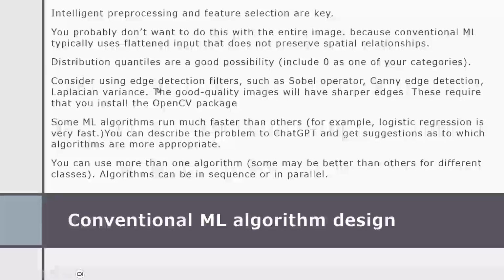And something you can do is you can actually ask ChatGPT to apply one of these operations to your images and compare and see what kind of distribution you get for these. And see if you can tell the difference between distributions for the 5 different classes. Right? So you might consider that as a possibility for pre-processing.